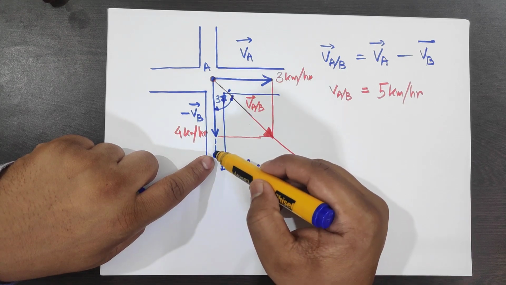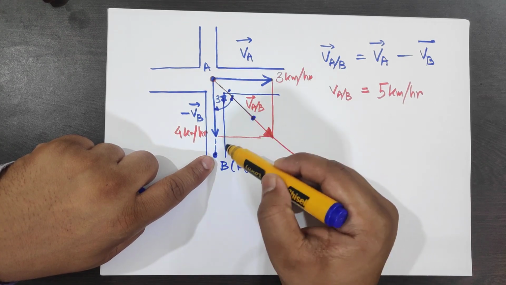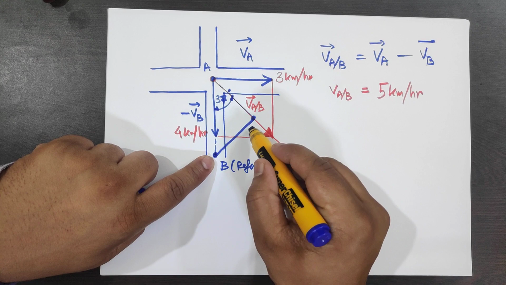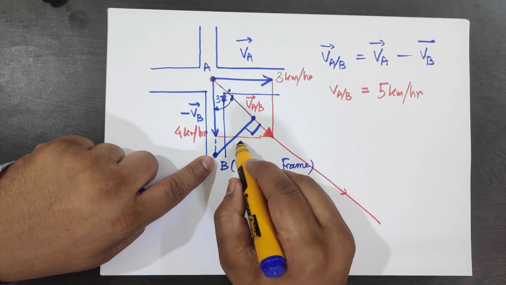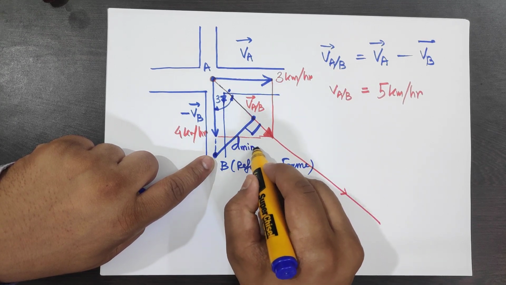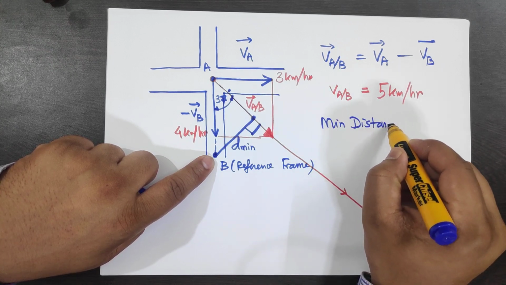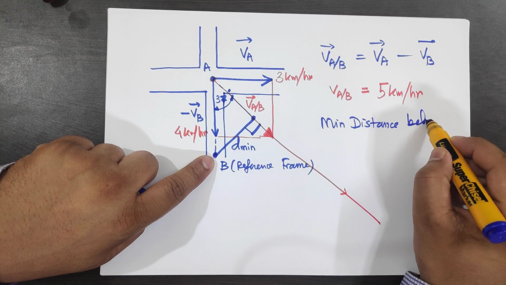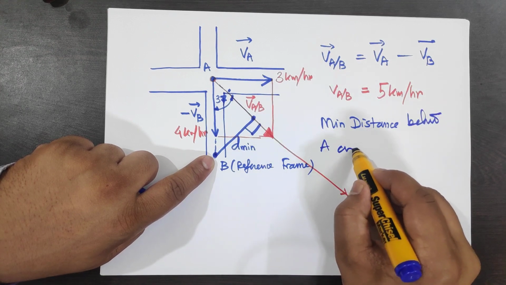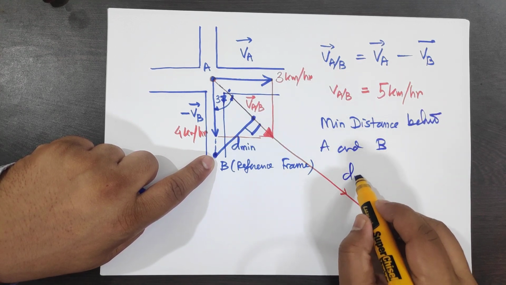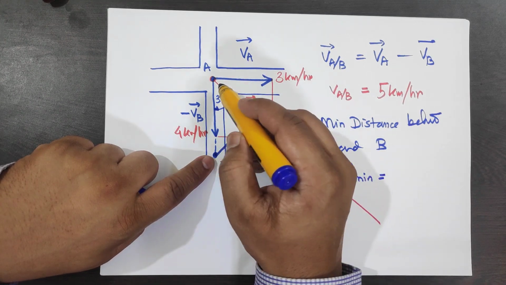So minimum distance is obviously when car A is here. So it's a perpendicular distance. So let's find that out. D minimum, the minimum distance between A and B, will be equal to how much?